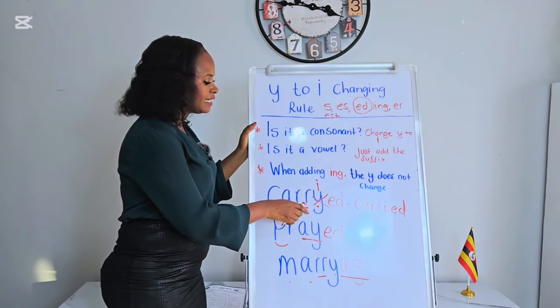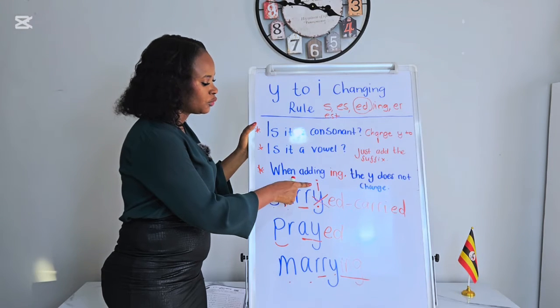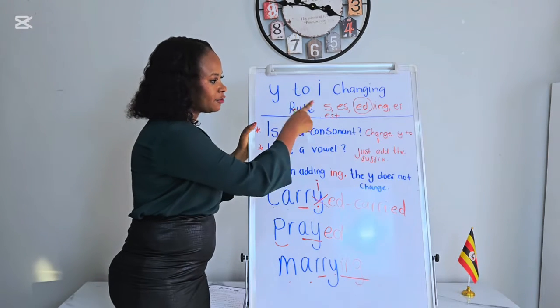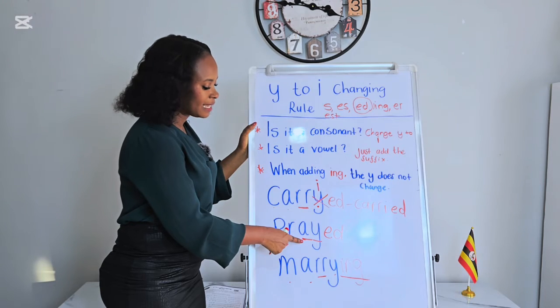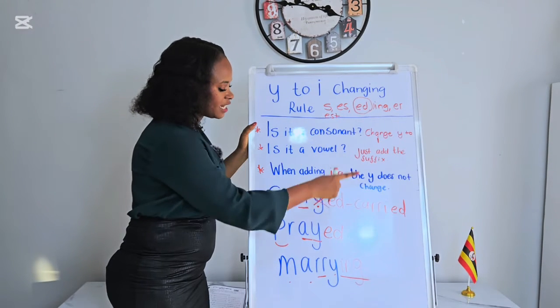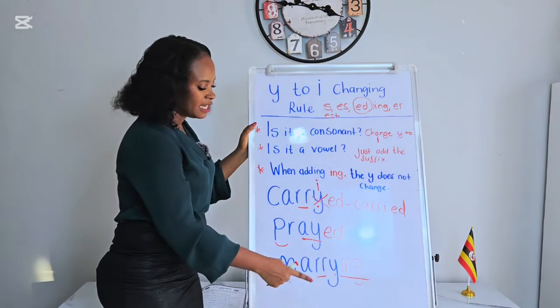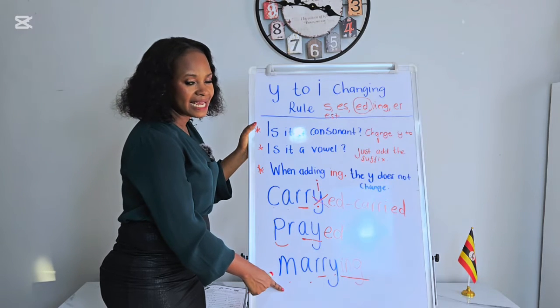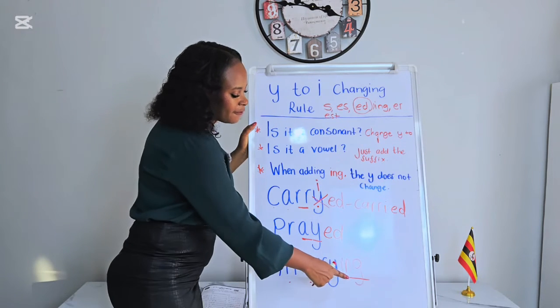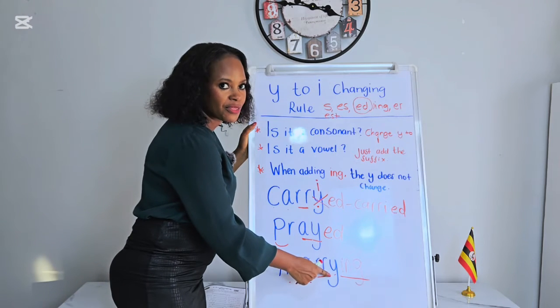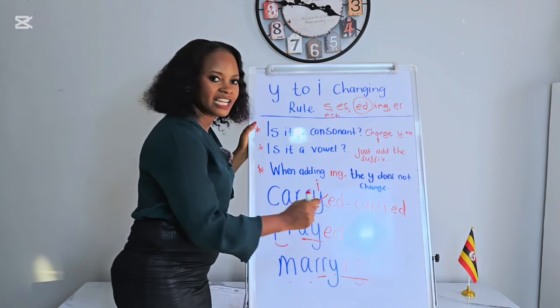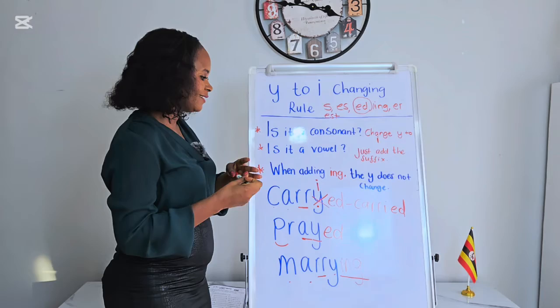If it's a consonant, change the Y to I and then add any of the suffixes. If the letter before the Y at the end is a vowel, just add any of the suffixes. If you want to add suffix ING to any word ending in Y, do nothing with the Y. Just add ING. Great. Okay.